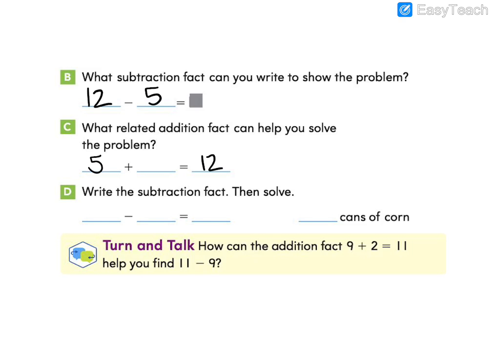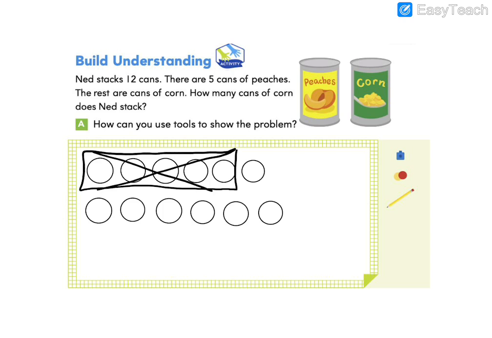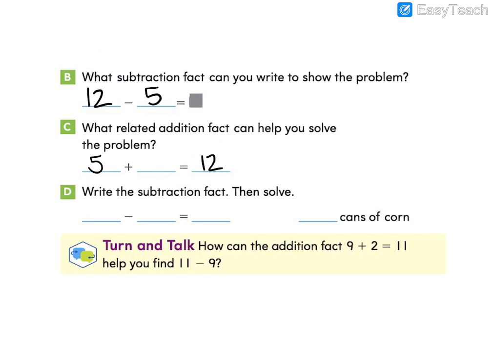Let's take a look to find our other addend in the picture. Here's our first addend of 5. So our other addend, I remember this row being 6, and one more makes 7. So my 2 addends are 5 and 7.